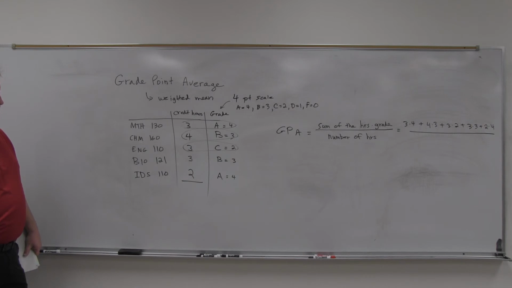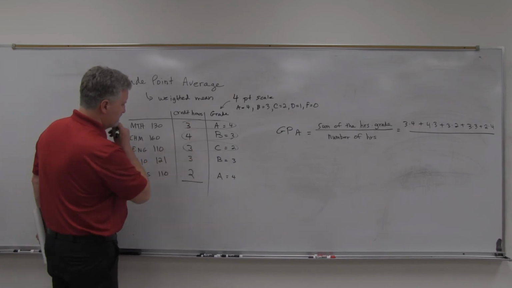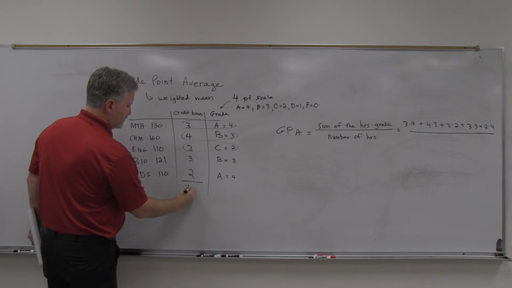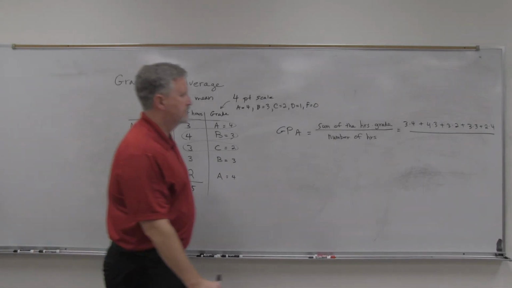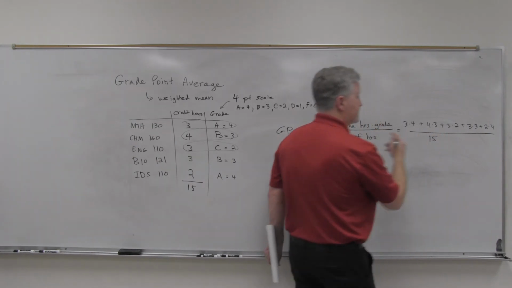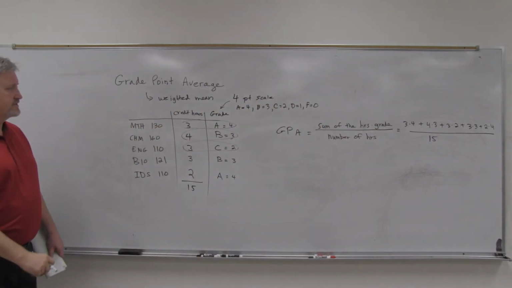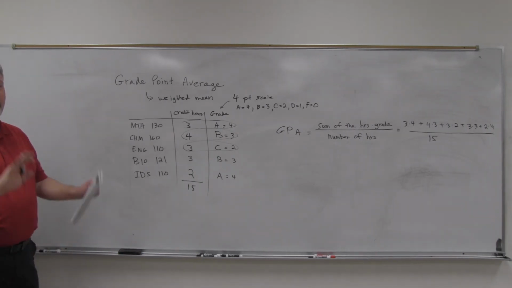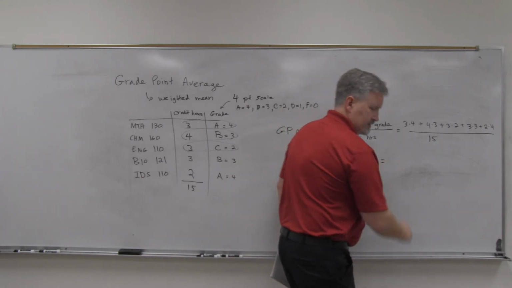So be careful on that. What do we got? 3 plus 4 plus 3 plus 3 plus 2, that's 15 total hours. So you divide by the total of hours. That'll get you your GPA. Multiply hours times grades, then divide by the total number of hours. That's GPA.